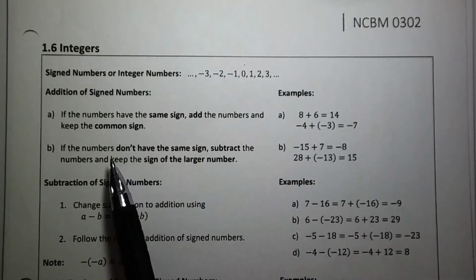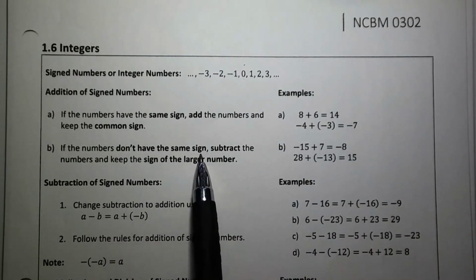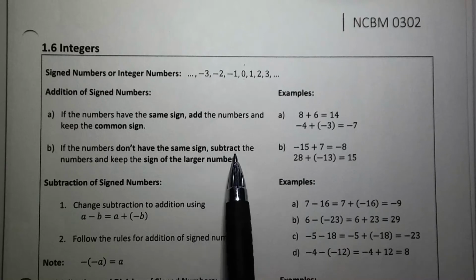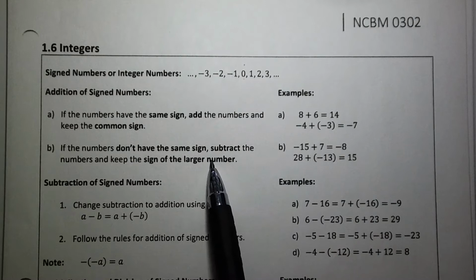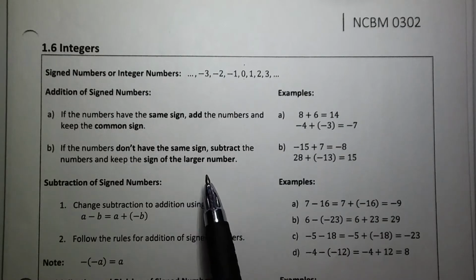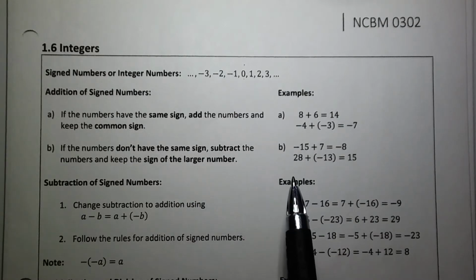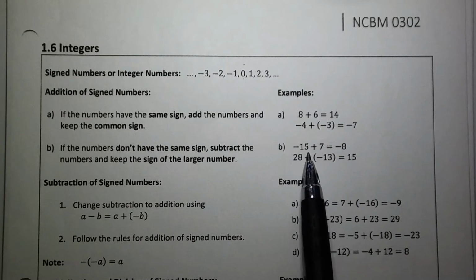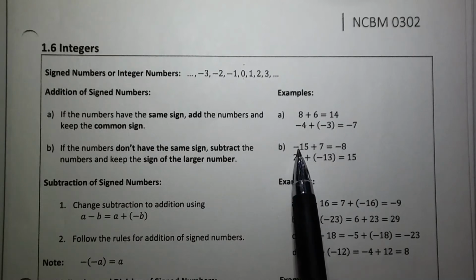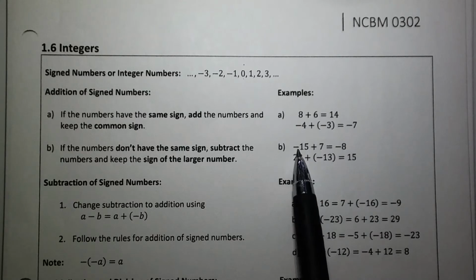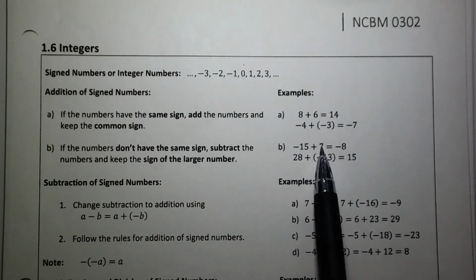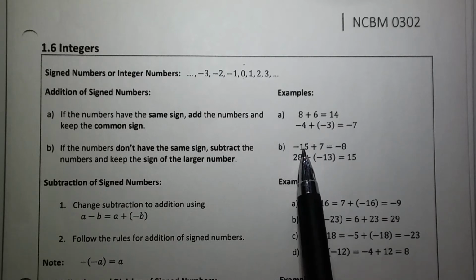In addition, if the numbers don't have the same sign, if they have different signs, we subtract them and we keep the sign of the larger number. For example, for the operation of negative 15 plus 7, adding negative 15 to positive 7: 7 is positive, 15 is negative, different sign, we subtract.